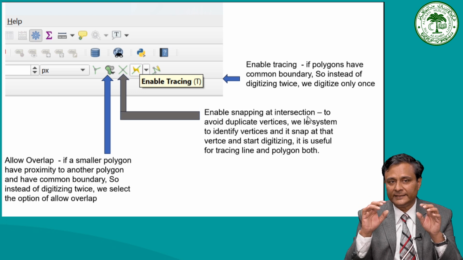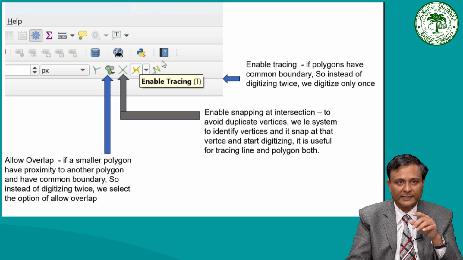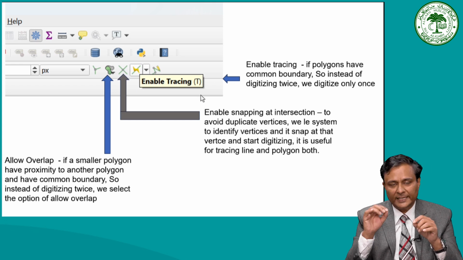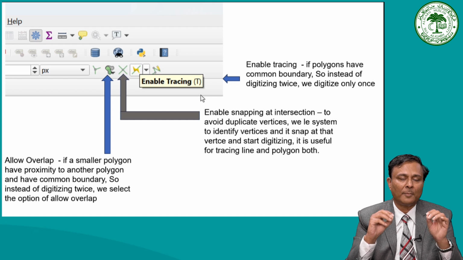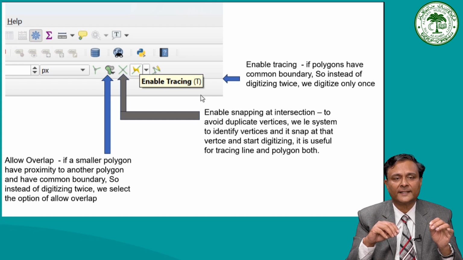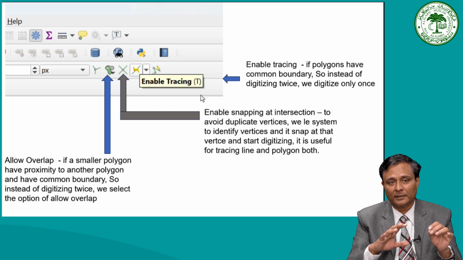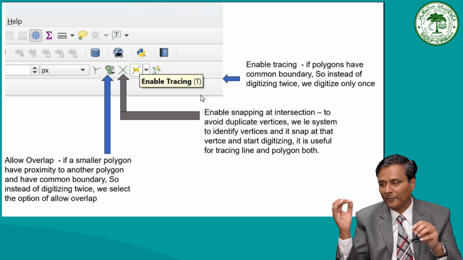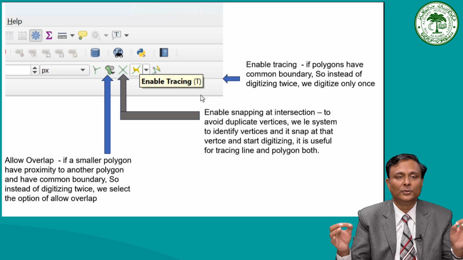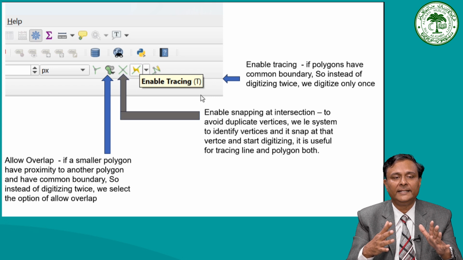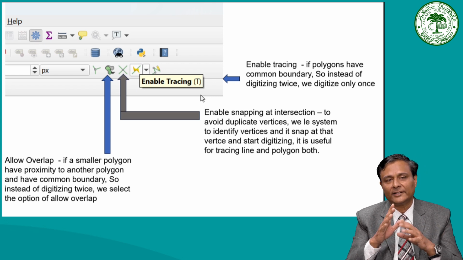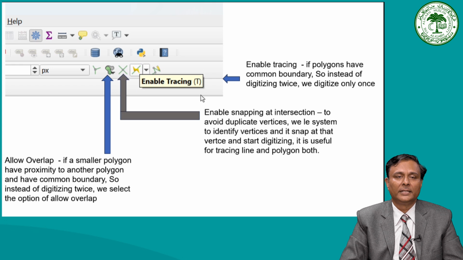So if you select this also while enabling tracing, then the system will give you an indication about where the vertices which can be common are. So these vertices would be highlighted. So from which vertex to which vertex you want to trace, that will be easily done. So that's another interesting aspect which you need to keep in mind.